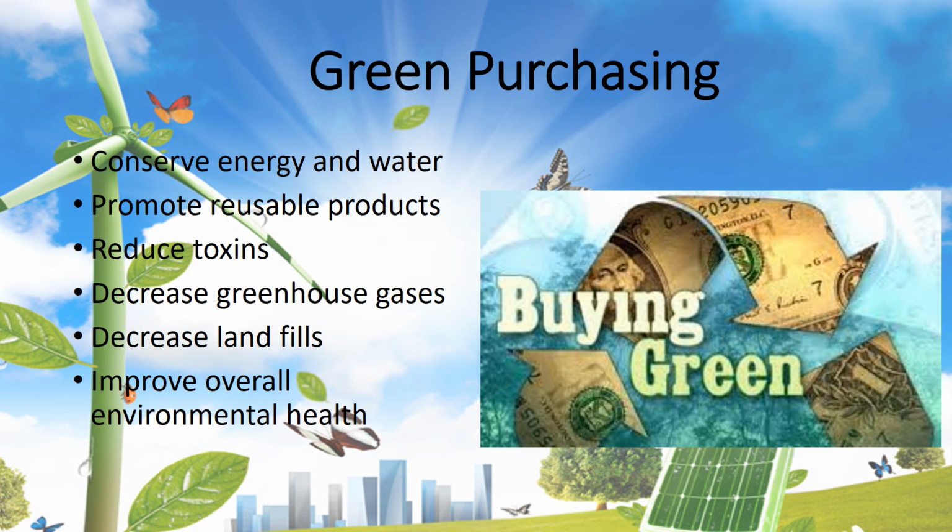Green purchasing is when people or organizations buy products and services that minimize negative environmental impacts over their life cycle of manufacturing, transportation, use, and recycling or disposal. Some examples of environmentally preferable characteristics include products and services that promote long-lasting, high-quality reusable products, reduce the presence of toxins or hazardous materials in schools.